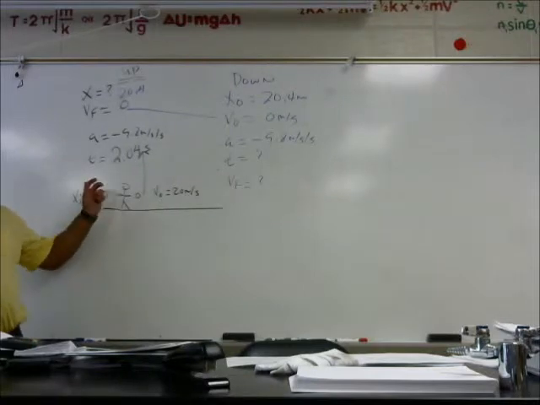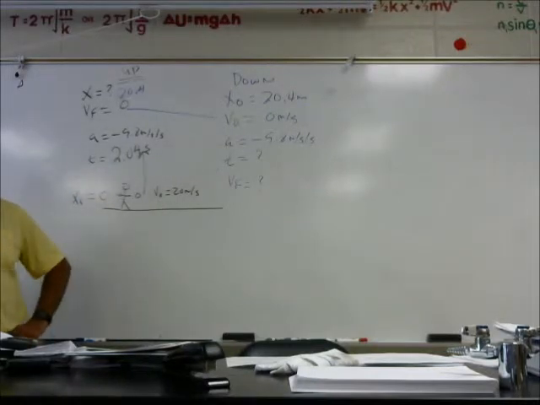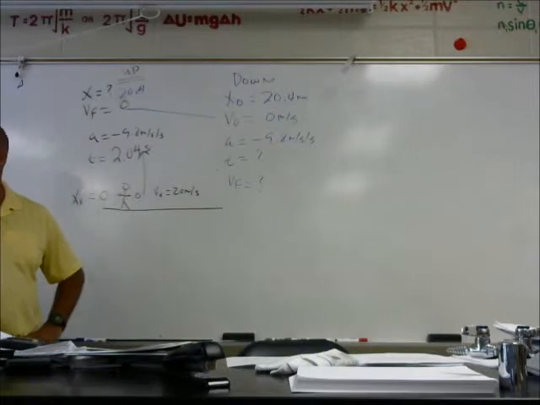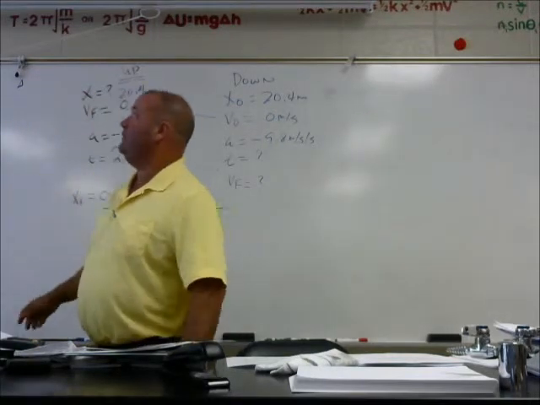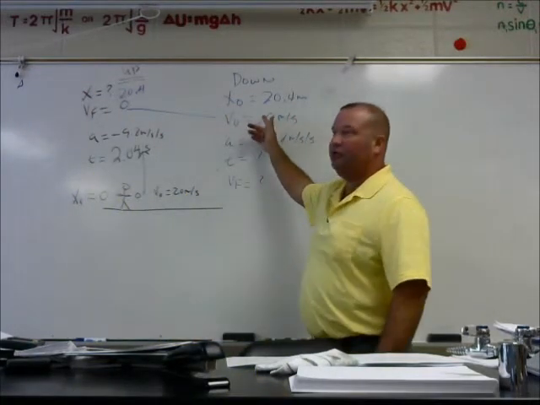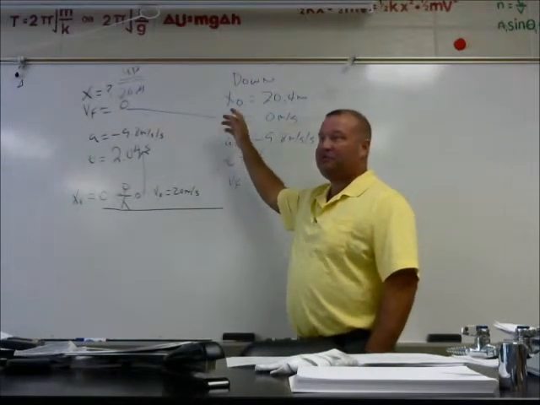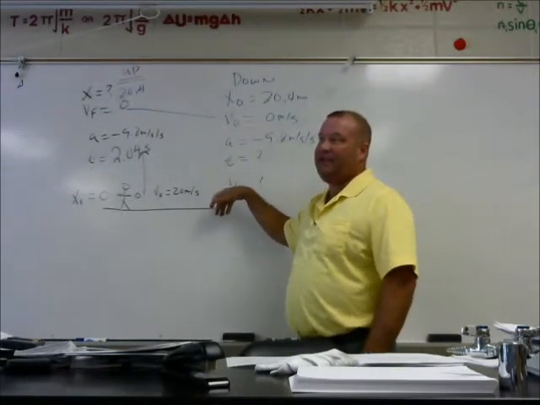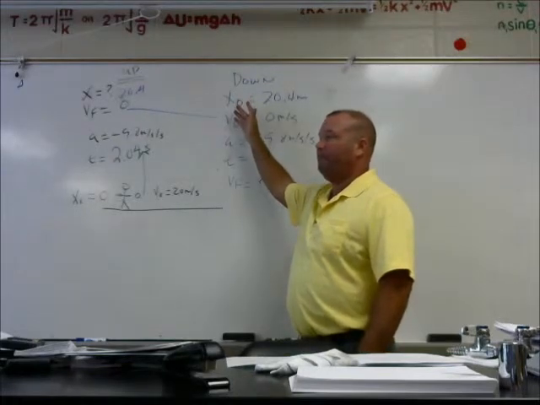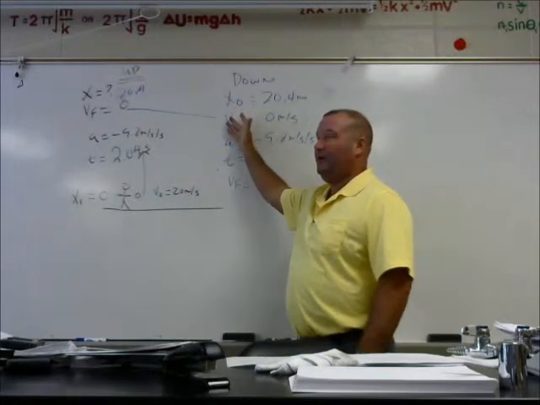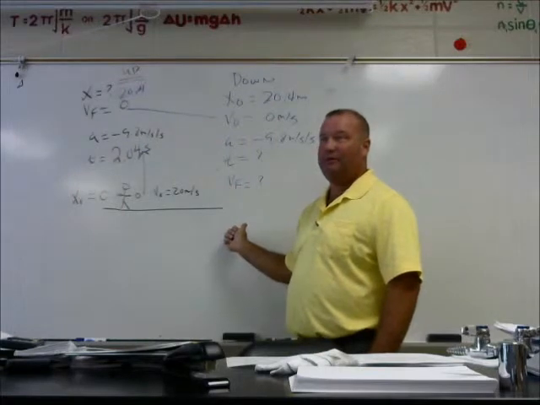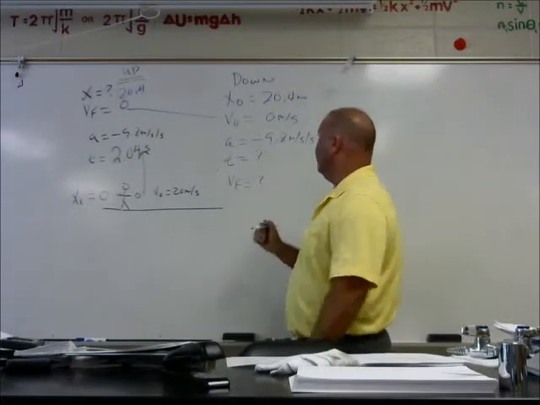What is it that's making it stop as it goes up? The acceleration due to gravity, right? Now, when it gets up there and stops, does the acceleration due to gravity change? No. So it stays the same. So if it takes 2.04 to get up, would it make sense to take 2.04 to get back down? No. Let's look at that and see.